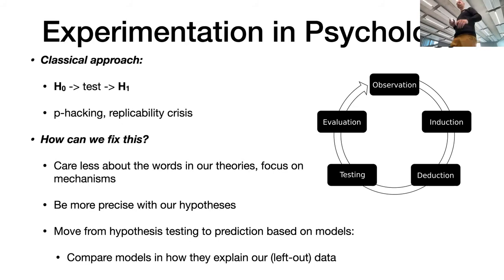So this forces us to be very specific about the hypothesis. You can't just mince words around it. There's no way out. If you've created a clear prediction based on a model, you can't say, oh, but I really meant something different and you didn't understand my word, attention or consciousness or memory, the way that I actually meant to use it, because you've made it so much more concrete.